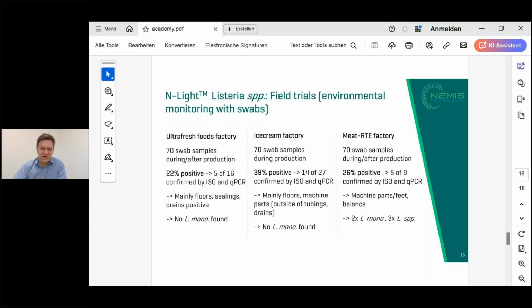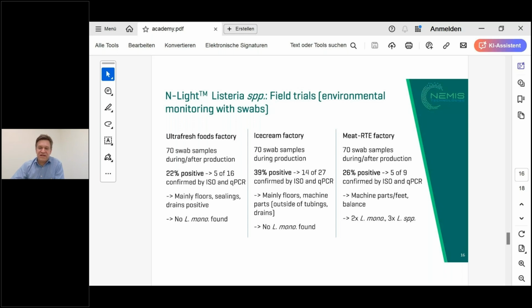Here we got a 22% positivity rate, and 5 of 16 of these tests could be confirmed in subsequent ISO and qPCR analysis. The positive ones were mainly found on floors, ceilings, drains, and so on, places where you would really expect to find some positives. In this case, no L. mono was found with the ISO method.